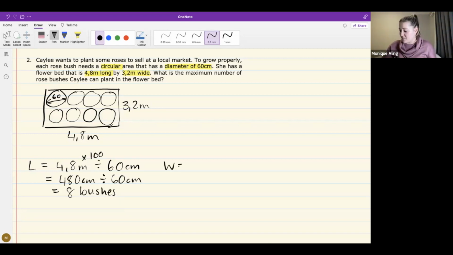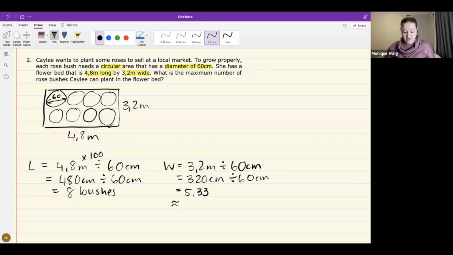Okay, then we have our width of 3,2 meters. Diameter is still 60. If I convert that to centimeters, it's going to give me 320 centimeters. Divide by 60, which gives us 5,33, and we round down.